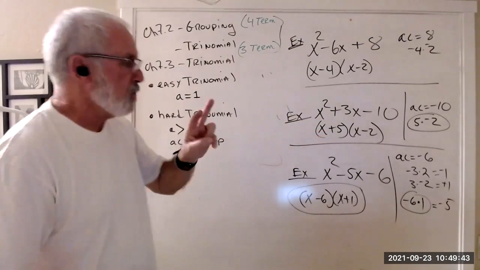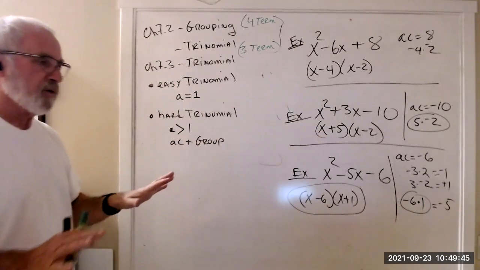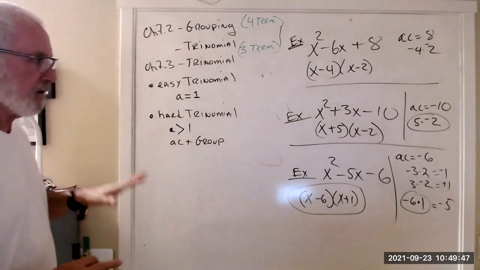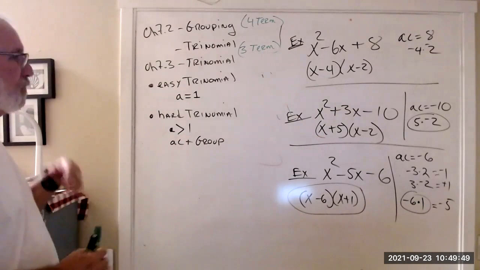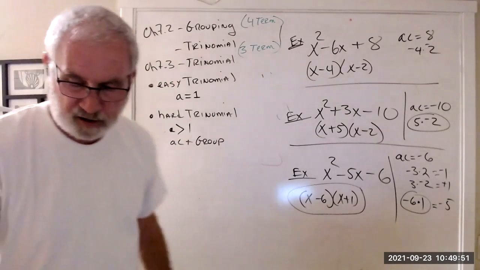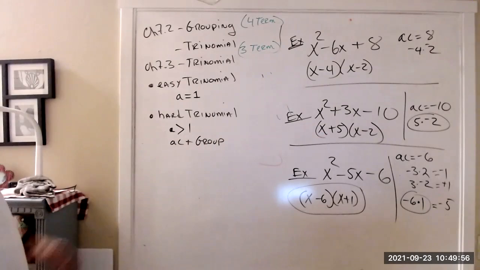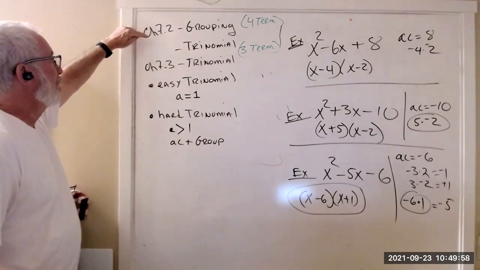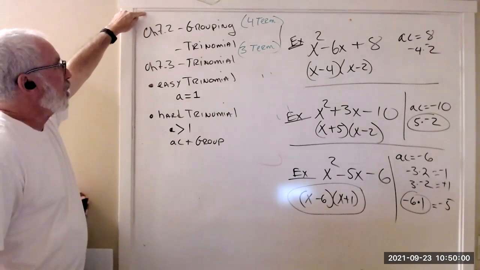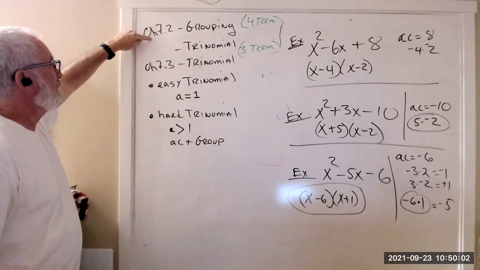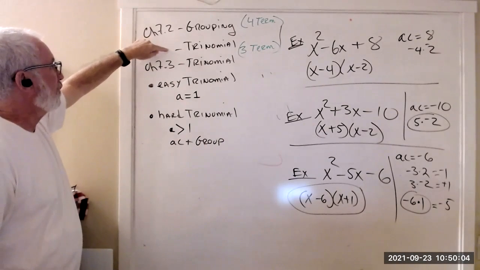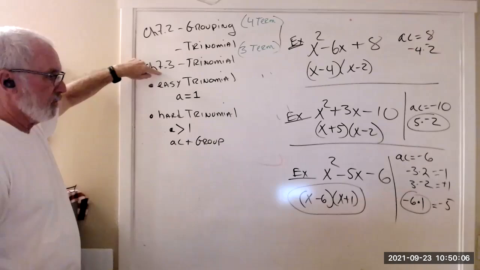All right, I want to do a couple more examples and take a break for a little bit. A few more examples of some other stuff that we haven't quite covered yet, so just hang with me. 7.1 was common, 7.2 is grouping and trinomials, 7.3 is more trinomials.